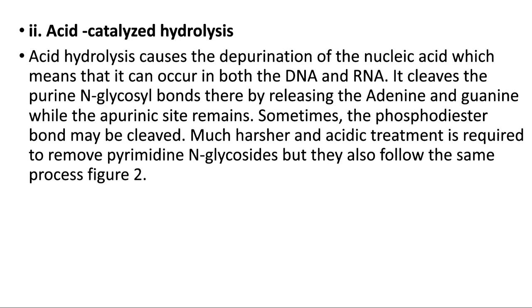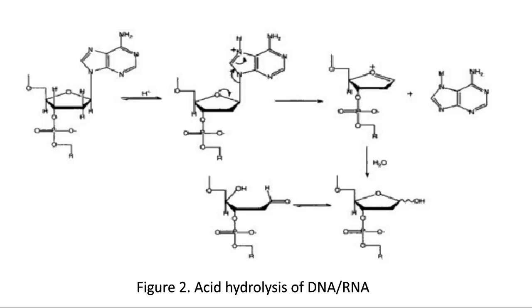Sometimes the phosphodiester bond may be broken, and much harsher treatment is required when you're dealing with the removal of pyrimidine, the pyrimidine N-glycoside, but this also follows the same process as we are going to see in this structure.